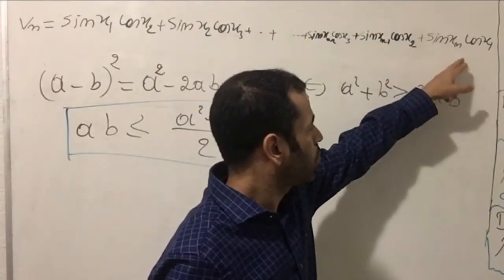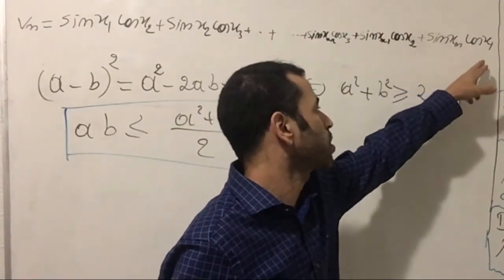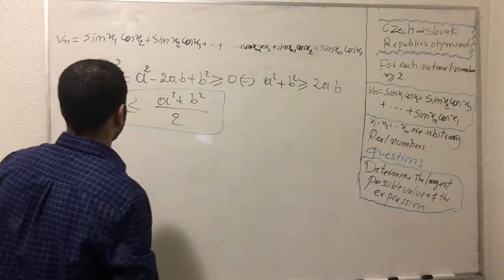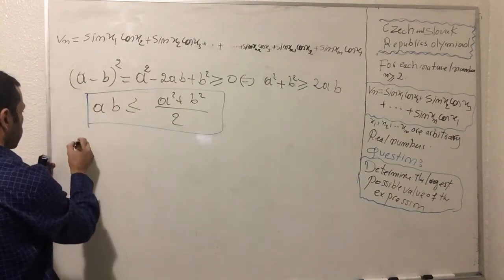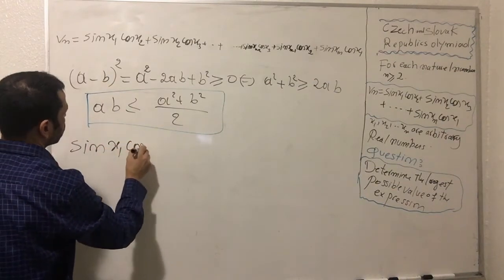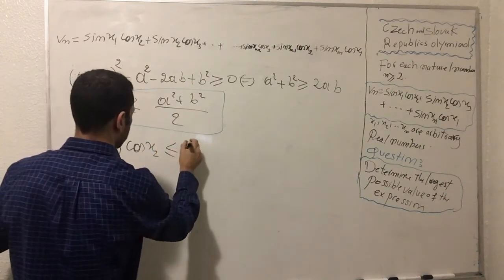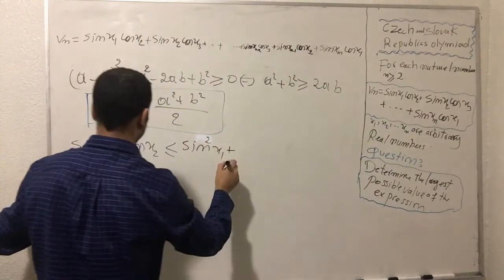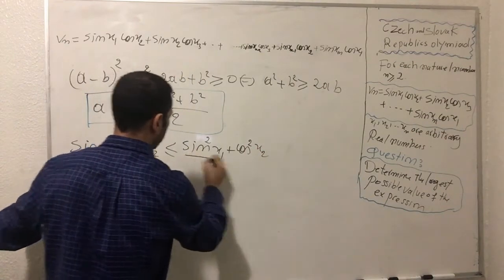The last term involves sine x sub n multiplied by cosine x sub 1. That means cosine x sub 1 is going up this way. So I'm going to apply this identity here. As you see here, the first term, sine x sub 1 multiplied by cosine x sub 2, is less than or equal to sine squared x sub 1 plus cosine squared x sub 2 over 2.